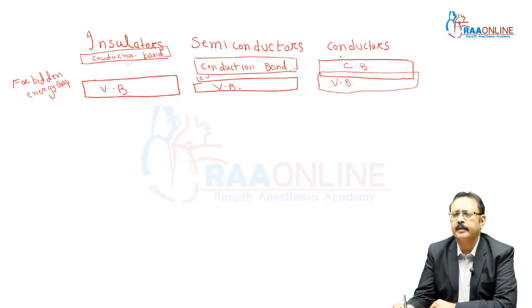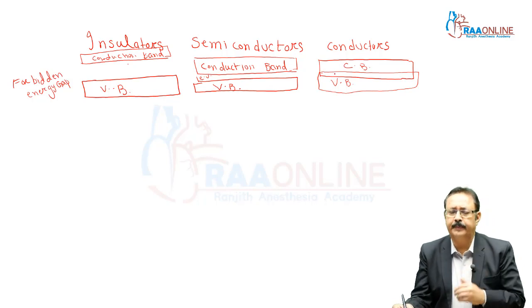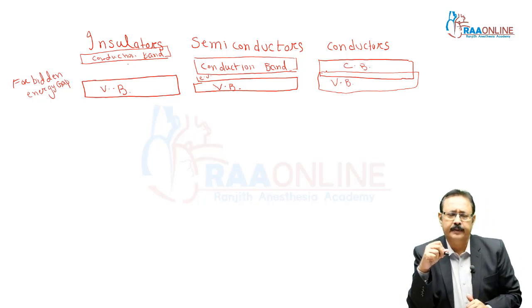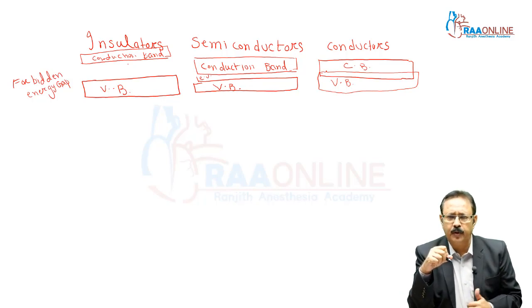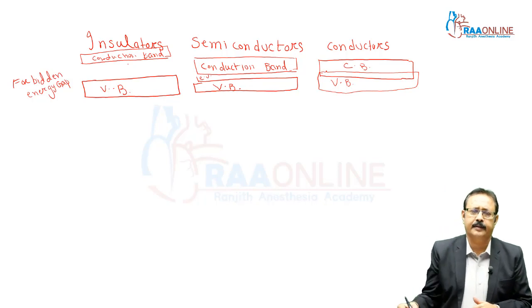And in conductors both bands overlap. If this gap cannot be filled by external energy, the material is known as an insulator. If you can fill this gap by supplying a little amount of energy, these are known as semiconductors. If electrons are already present in the conduction band, then it is known as a conductor.